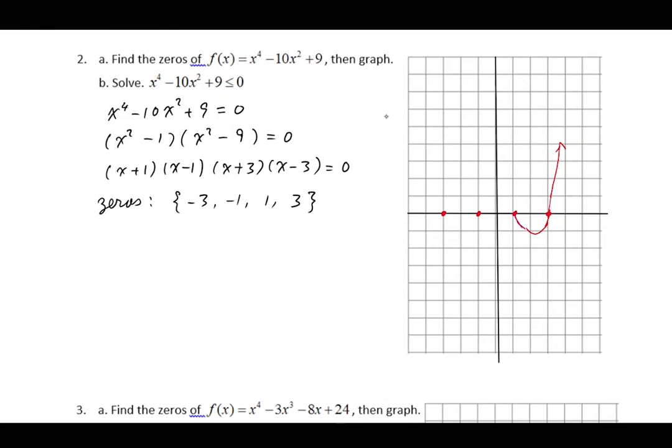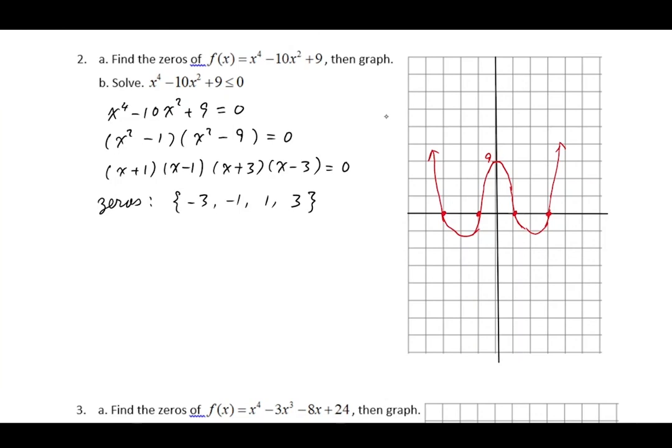Now our y-intercept is 9. Well, let's rescale this and call that point 9 right there. And this thing is pretty symmetrical, so it will go through that point, come down, and go up like that. So this is an approximate sketch of this function. It's probably a lot lower here, but until we take calculus, there's no way for us to know.